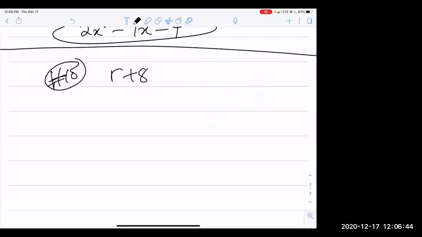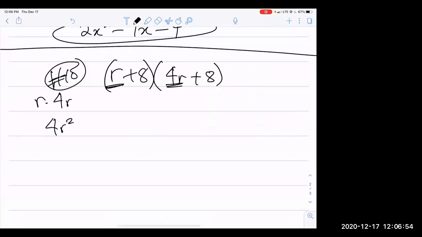So if you have r plus 8 and then 4r plus 8, we take the first terms, r times 4r, that will be 4r squared. And then we take the outer terms, so r times 8, which would just be 8r.